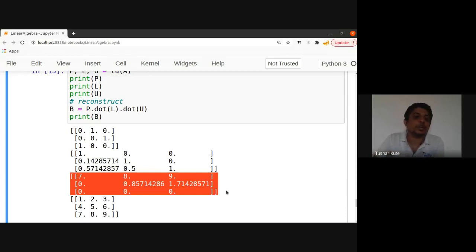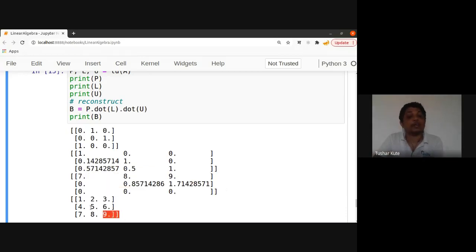And when you combine them together and multiply them again, I'll get the original matrix over here. So this is what we call factorization. LU factorization: lower part separately, upper part separately, and even pivoting can be done separately. Then you multiply all of them together and get the original matrix. This is what we call LU factorization.